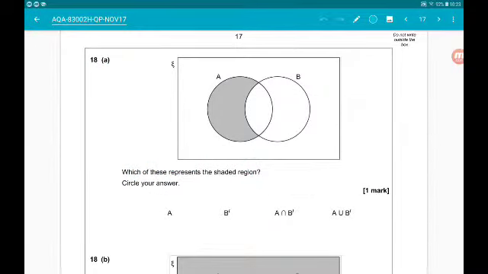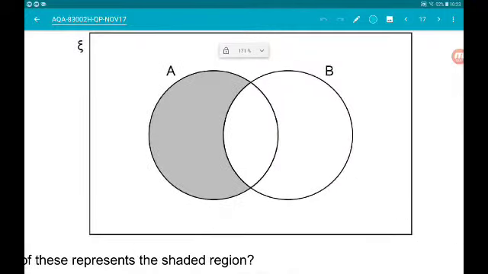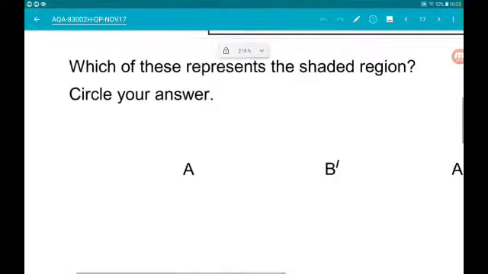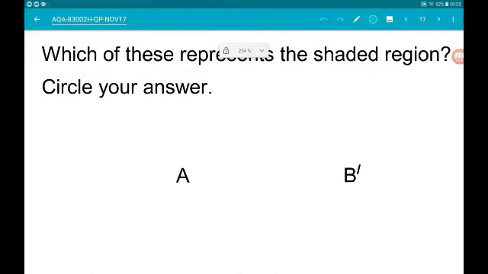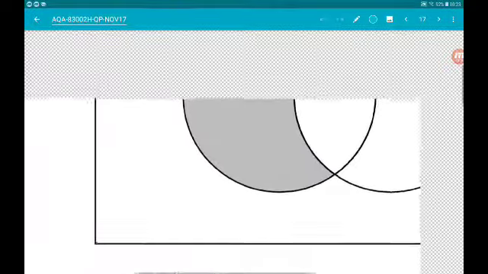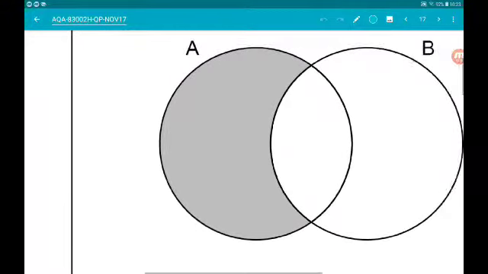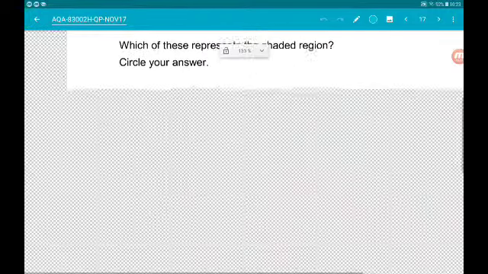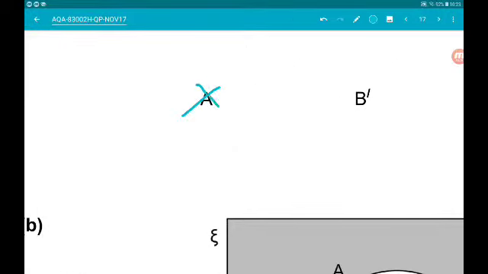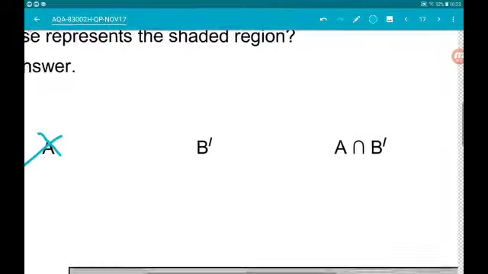Okay, question 18, we have Venn diagrams and set notation. So, we're asked which of the following represent this shaded area. So let's have a look at what we got. So, is it A? Well, A would include the intersection, which we can see is not shaded. So it's not A. Is it B dashed?